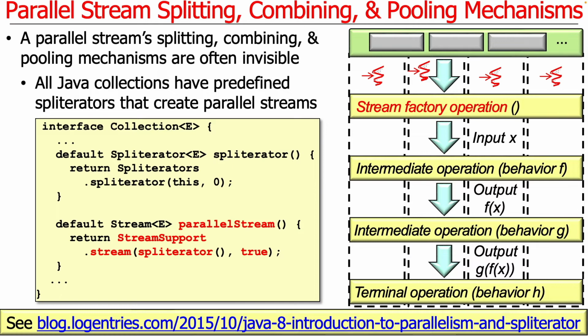If we had false, it would make a sequential stream. And that's what the stream factory method does. It just says false. So that's how the collections work. And surprise, surprise, you can make your own collections and define your own splitterators, and then parallel streams and sequential streams will automatically be created for you by using these factory methods that come out of the collection's default factory methods.